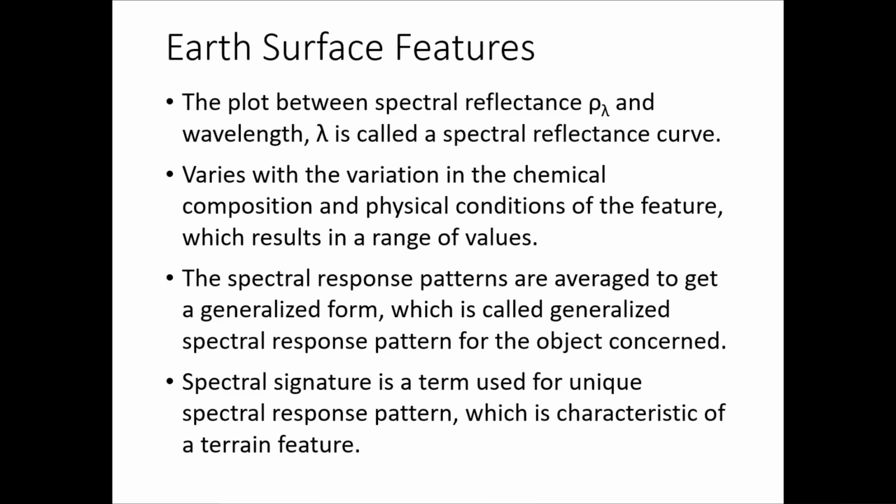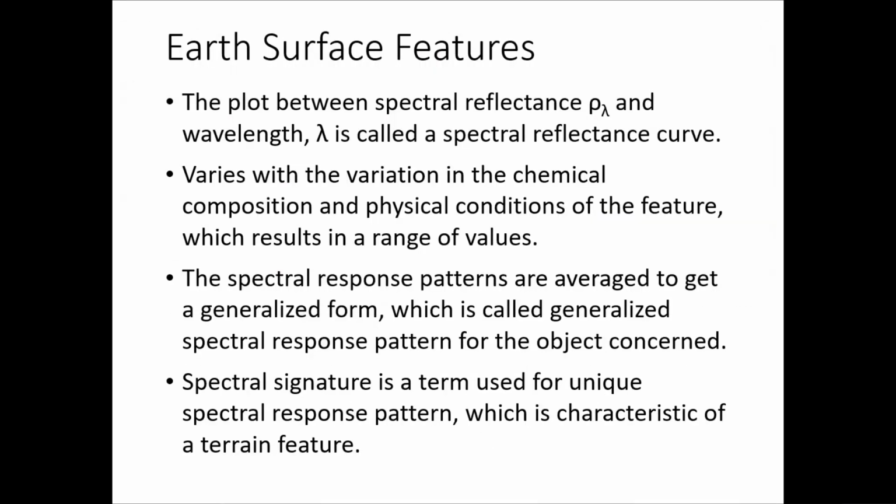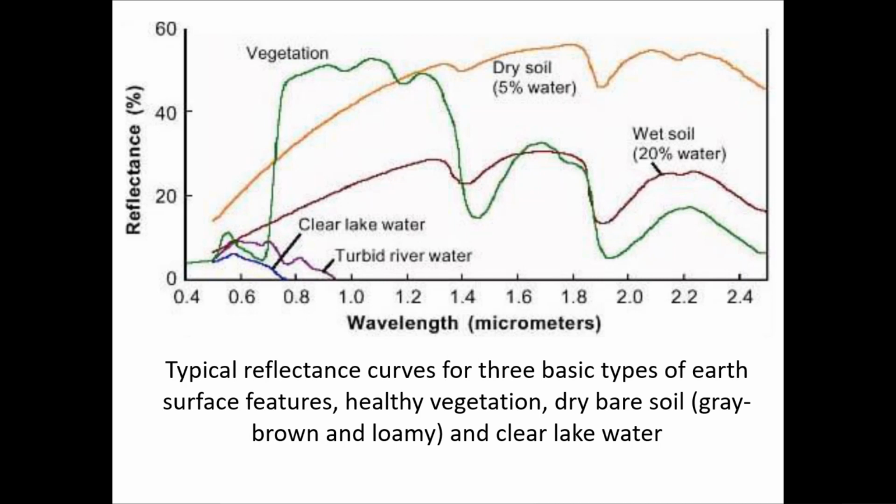So these spectral response patterns, they are averaged to get a generalized form. As I showed you now, here you can see this green line represents a generalized spectral reflectance pattern, or a generalized spectral response pattern for the particular Earth feature.